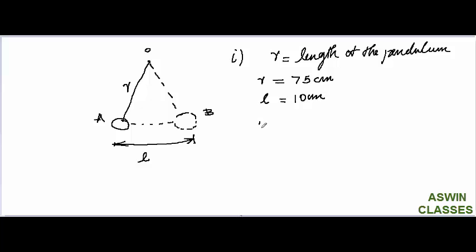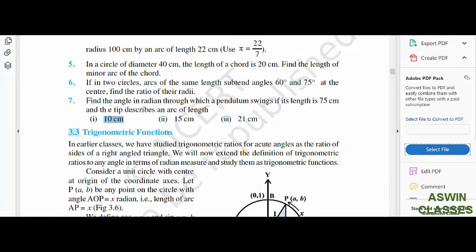So you have to find the angle. You can use the formula theta is equal to length of the arc divided by radius, which will give you 10 divided by 75. 5 is common, so 2 by 15 radians.